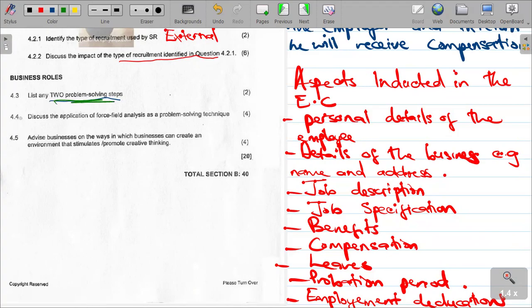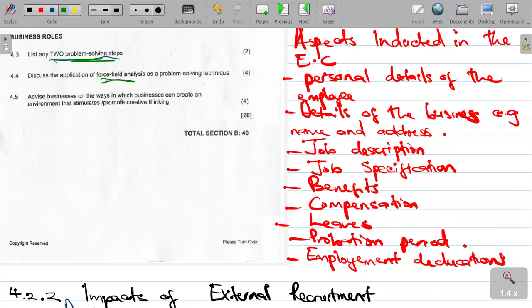Let's move on to question 4.4, discuss the application of the force field analysis as a problem-solving technique. For the force field analysis, describe the current situation or the problem and the desired situation. Here they list all driving forces or restraining forces that will support and resist change.